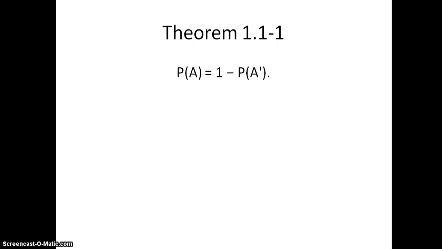So the first theorem tells us that the probability of an event A is equal to 1 minus the probability of its complement. The second theorem tells us that the probability of the empty set is equal to 0.